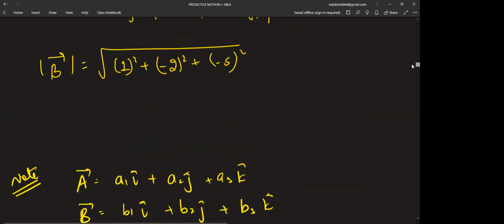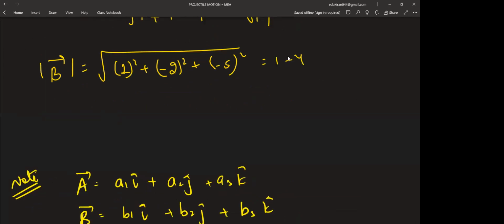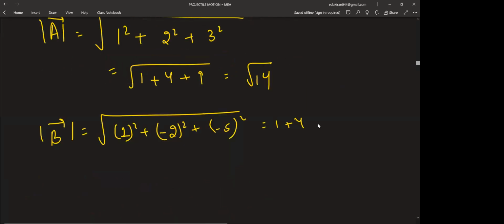So this will be 1 plus 4, and this is 25. So this is root 30, correct. Yes, root 30, very good.